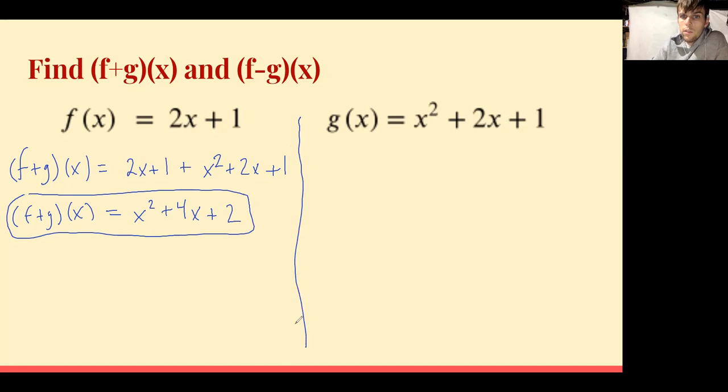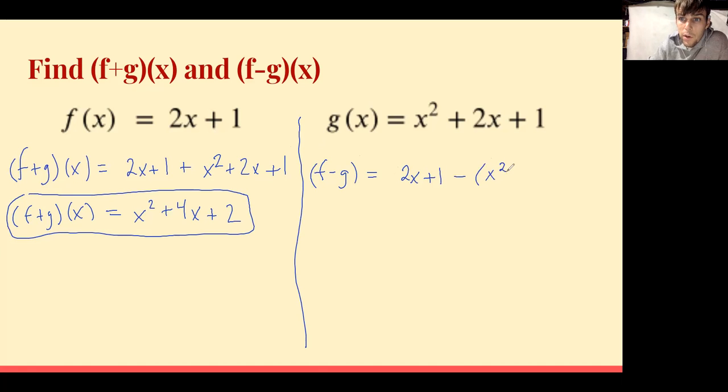All right, we'll do the next one here, the difference. So taking our two functions, we're subtracting them. Now with subtraction, it does matter the order that we do it. They would differ by a factor of negative 1 if we do our subtraction in the wrong order, so it's important that we do it in the right order. We're going to take our initial function f, and we're going to subtract g.